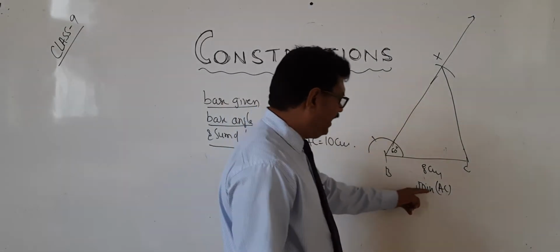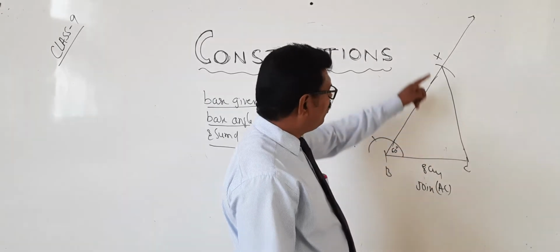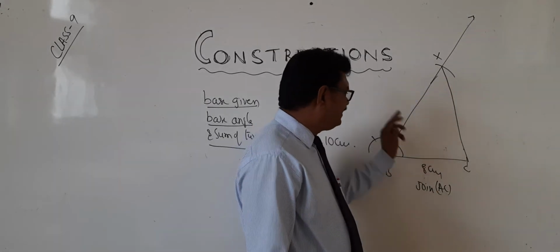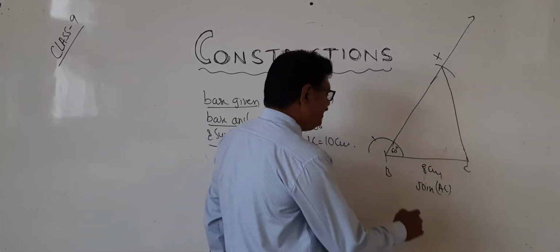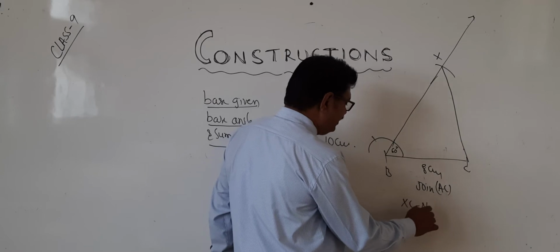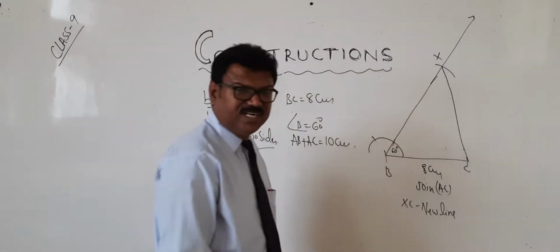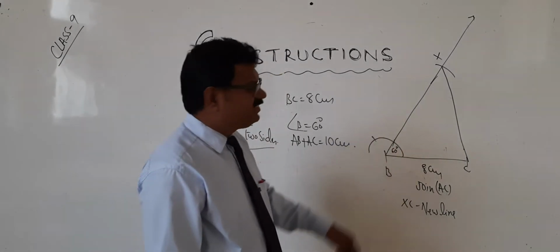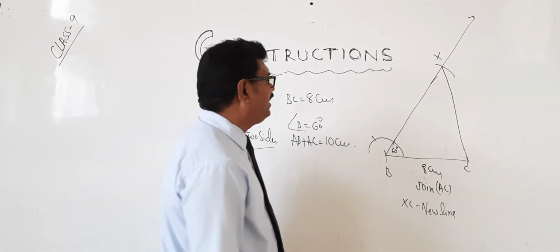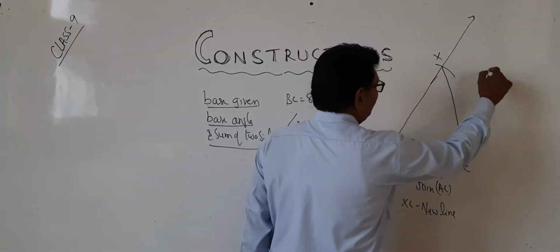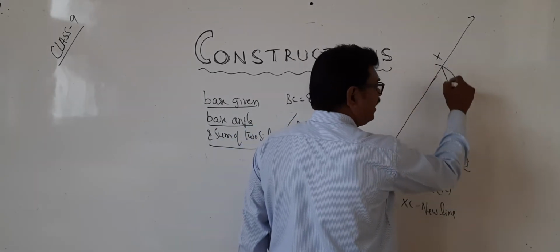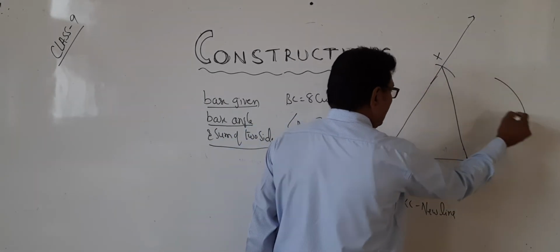Okay? Join XC. Now which is the new line among these three lines? XC is the new line. Are you understanding? For that XC, you should draw the perpendicular bisector. Perpendicular bisector is what? From here to here, take more than half.